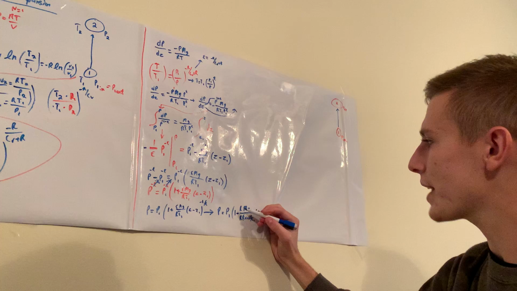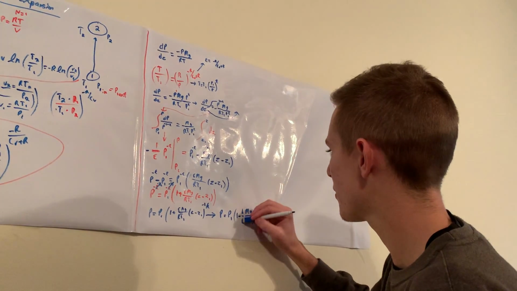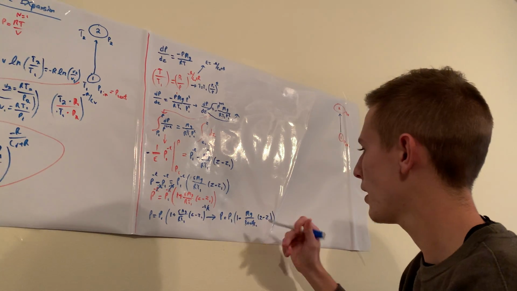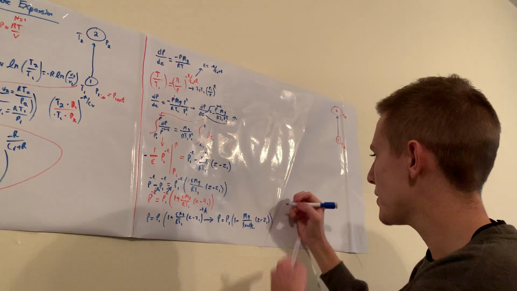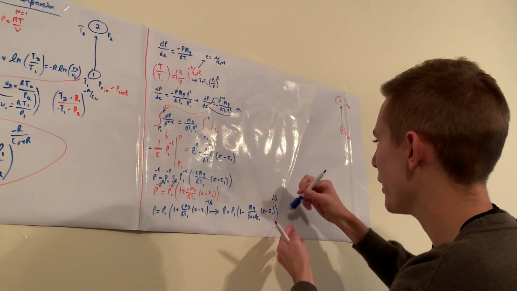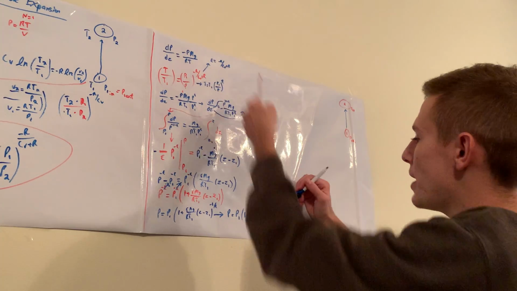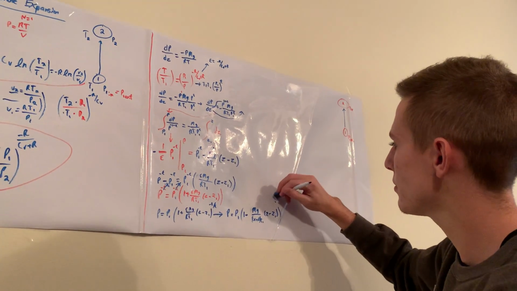So we can also cancel out an R here since it's R over R, and rewrite that and leave it as this. And this is all raised to the negative 1 over epsilon. So going ahead and plugging in our epsilon again, we notice there's 2 negatives, so those cancel out, so it goes to a positive.